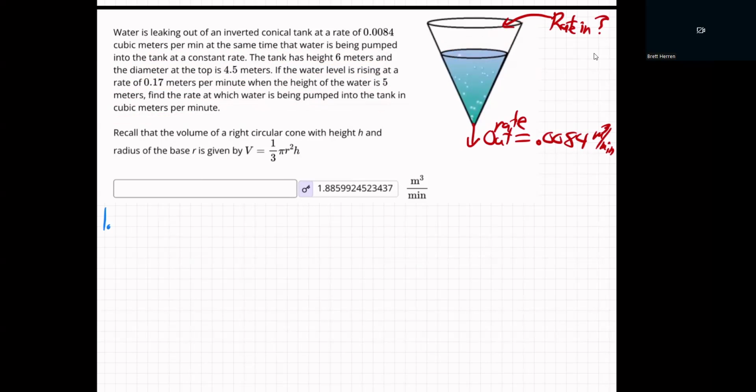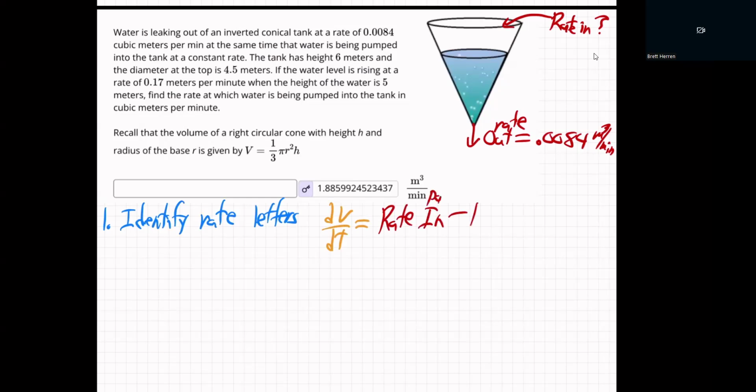So, identify the rate letters. Here's the real trick on this one. We're talking about volume, right? The change in the volume is going to be the rate that water's being pumped in, minus the rate that it's being leaked out.